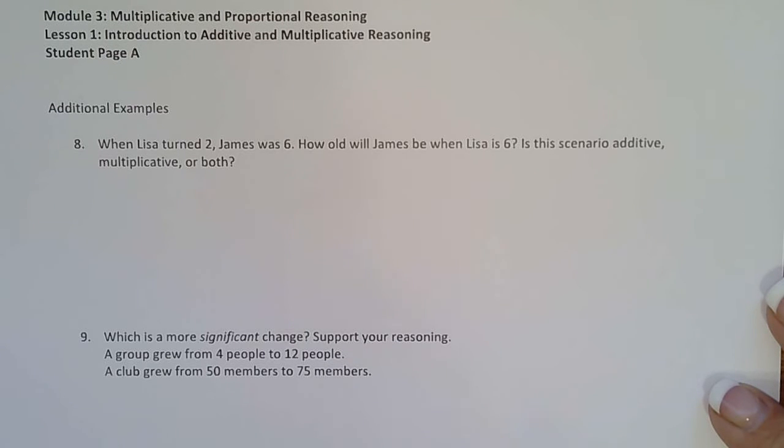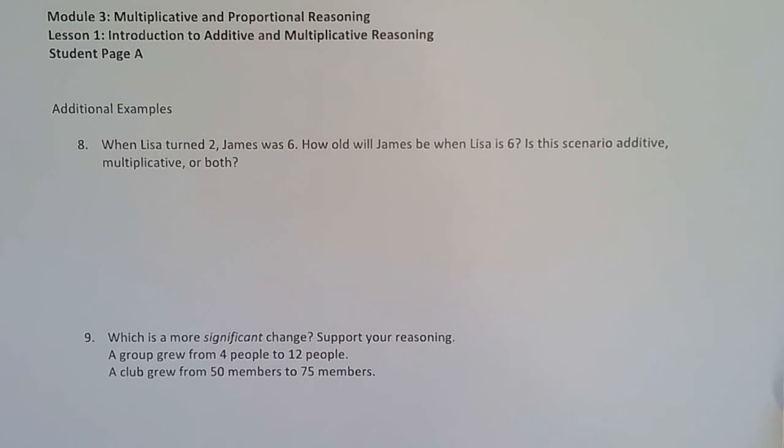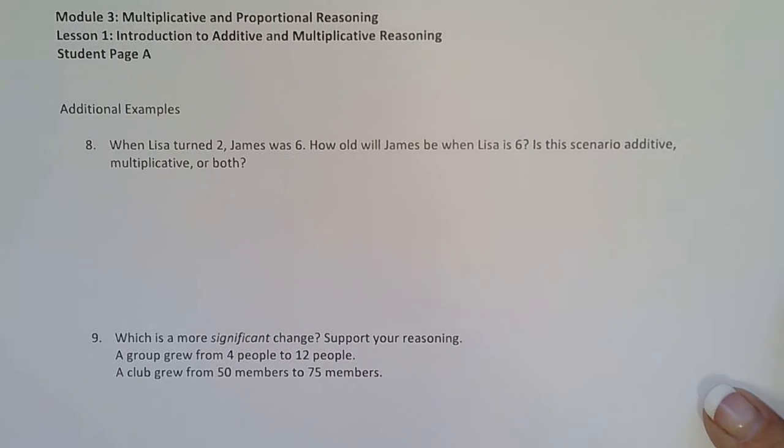But when we use multiplicative reasoning, one tree was 2.5 times larger. The second tree was only 2 times larger. So based on multiplicative, it made more sense to say, oh, tree A grew more because it's 2.5 times its original size.